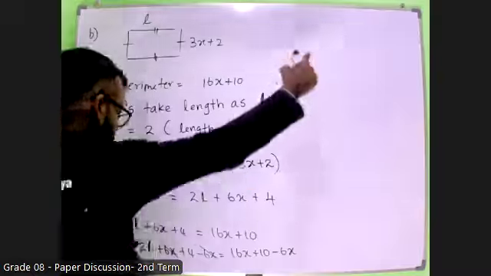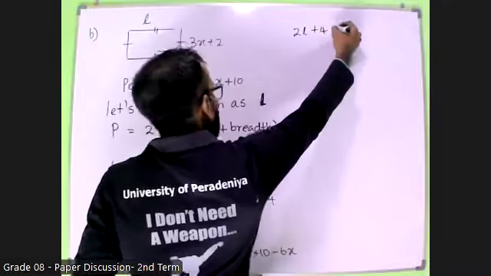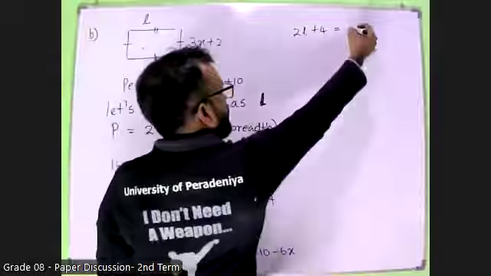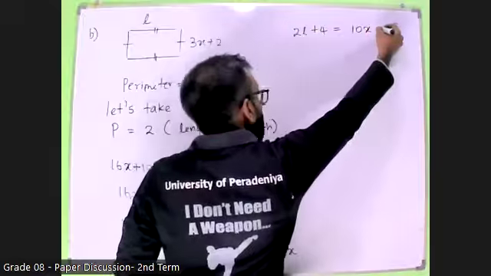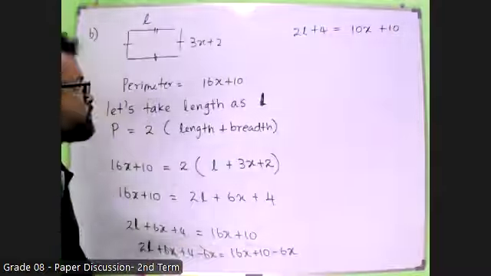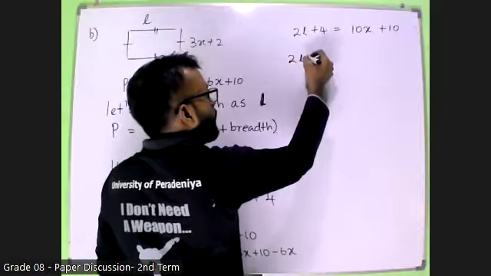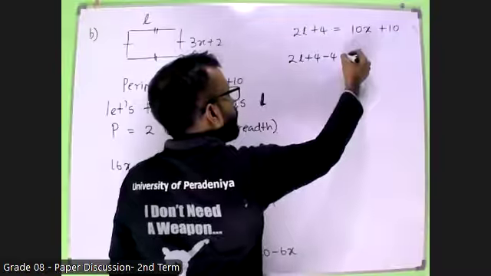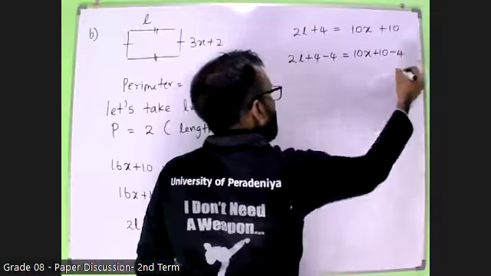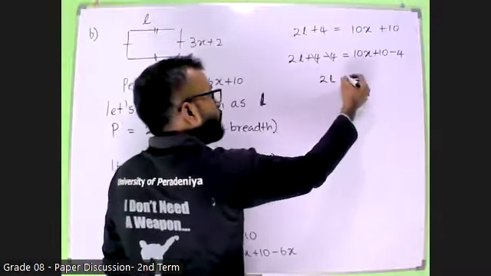So I have now 2L plus 4 equals 16x minus 6x, 10x, plus 10. So I am going to remove positive 4: 2L plus 4 minus 4, cancel out. Here you have 2L now.